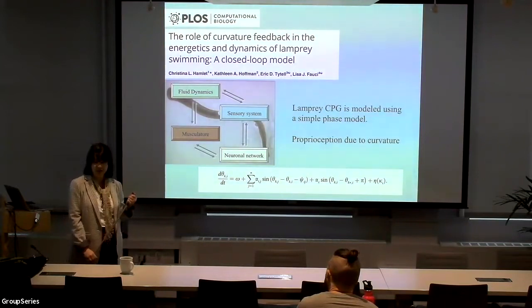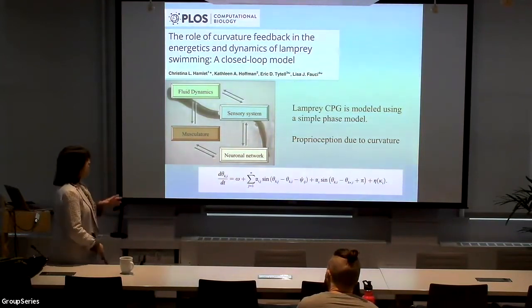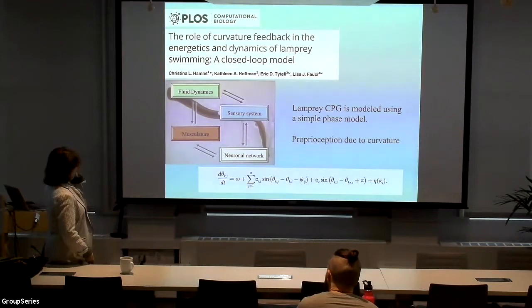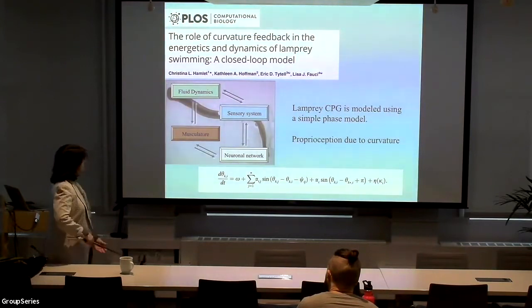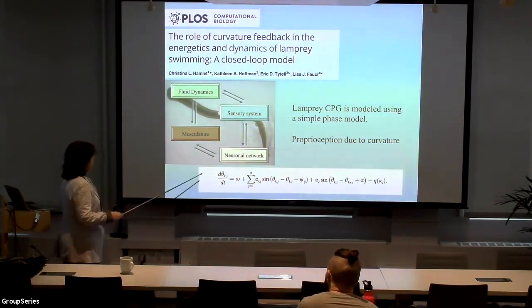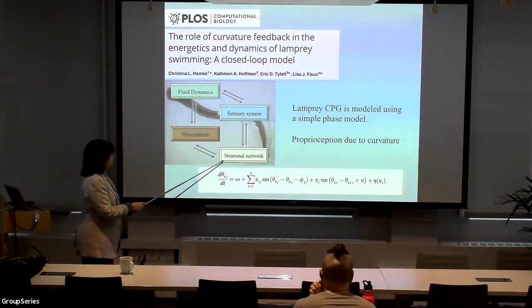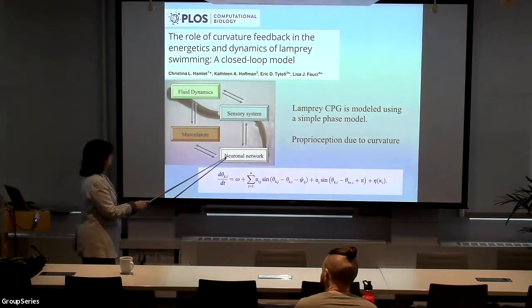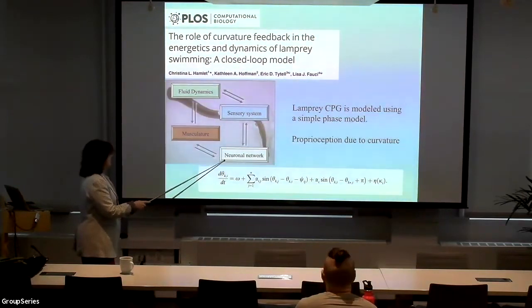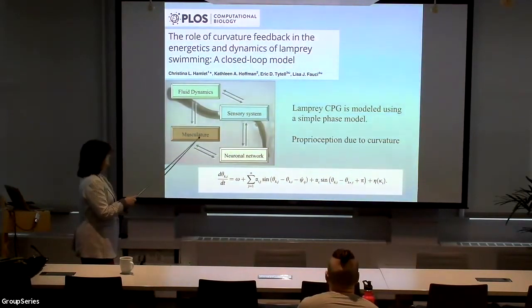And so the whole system, if you think about a swimming fish or a swimming C. elegans, what have you, we could think about it as the coupling of all of these different features, where we have some neuronal network, some central pattern generator that's giving, let's say, signals to the motor neurons that's driving the muscles.